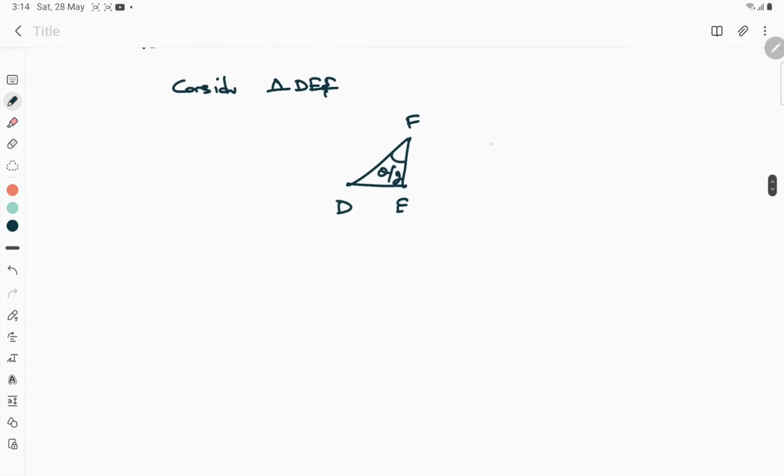Now from this triangle apply tan theta by 2 is nothing but DE by EF, opposite by adjacent. So what is DE?